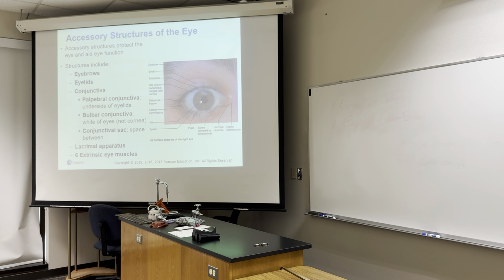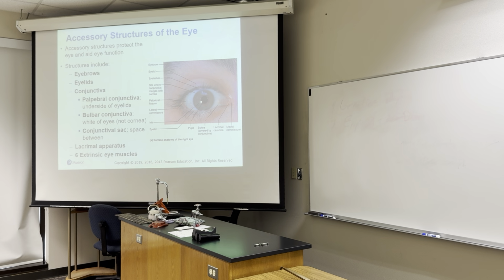Okay, so now we already know about the different parts of the eyes, but what are the accessory structures of the eye? Everyone knows about the eyebrow, eyelid. Eyelid is also called what? Palpebrae, right? And when we say conjunctiva, what do we mean?